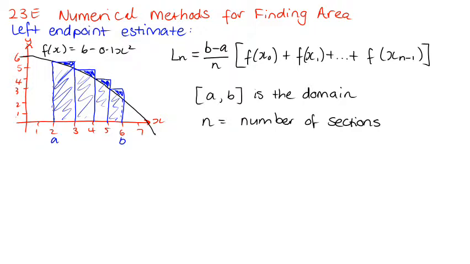So then all you have to do is complete that formula and it'll give you a rough estimate for the area under the line. So L, n is 4 because we divided it into 4 columns. It's 6 minus 2 over n, which is 4.